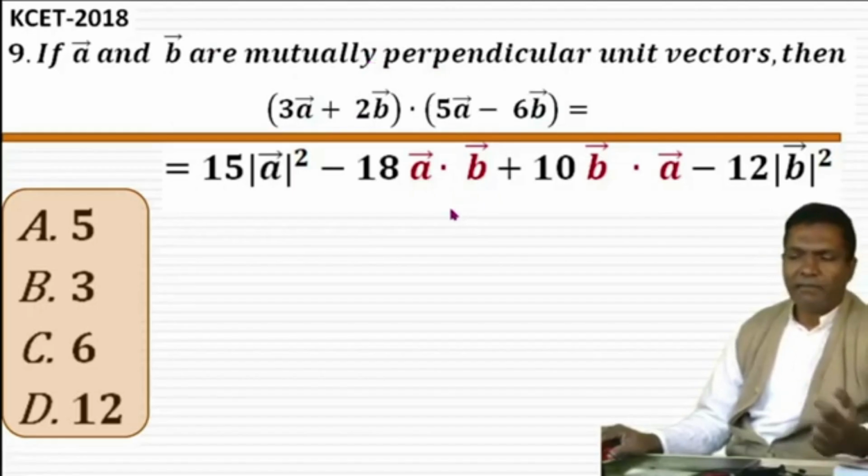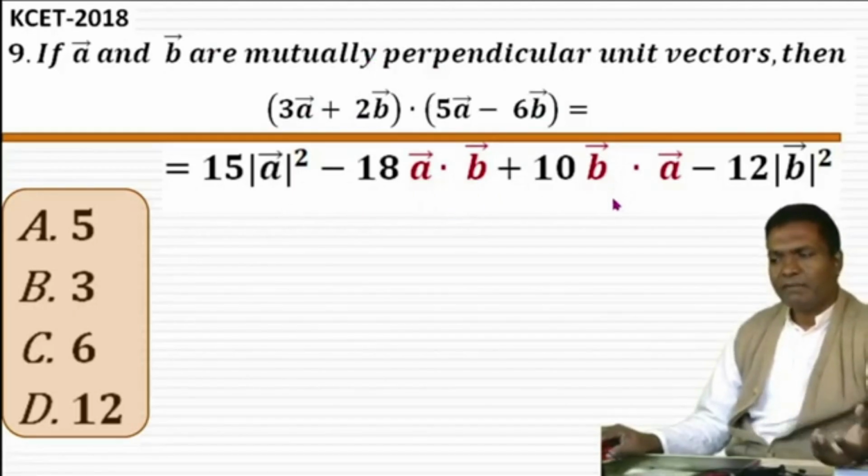One can write directly, but I am expanding it to make you understand better. Now 2 into 5 is 10 and vector B dot vector A. Similarly 2 into minus 6, that's minus 12. Vector B dot vector B is magnitude of vector B square.